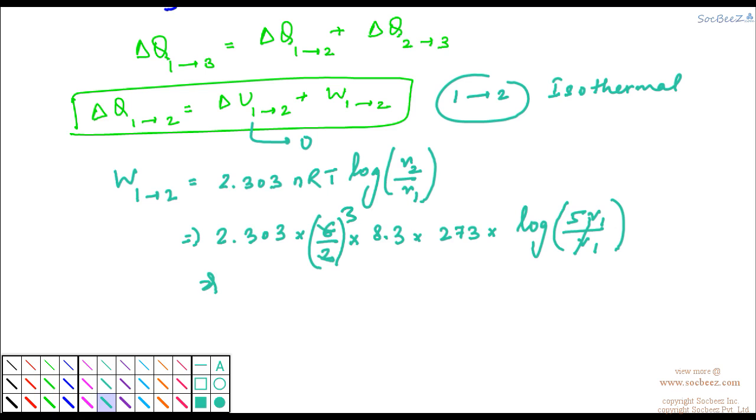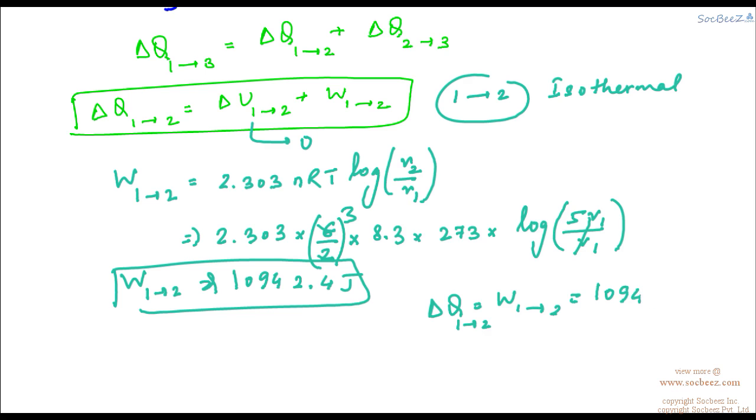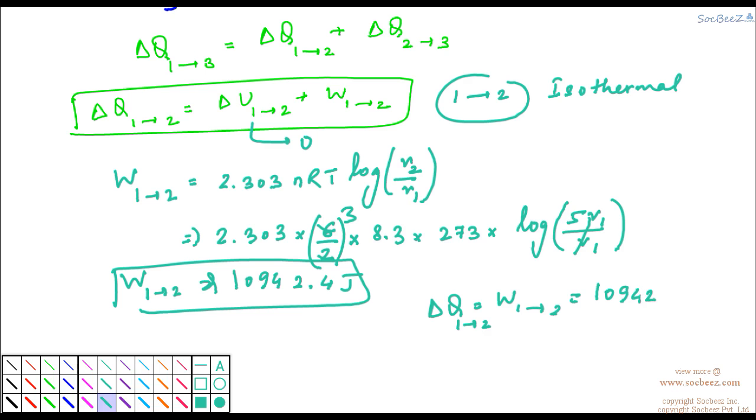So which gives us the value as work done for 1 to 2 is given to be 10942.4 joules, right? And the delta Q would also be equal to work 1 to 2, which is equal to 10,942.4 joules.